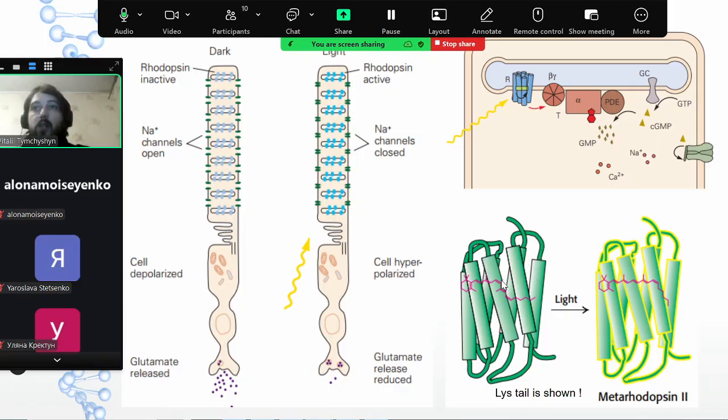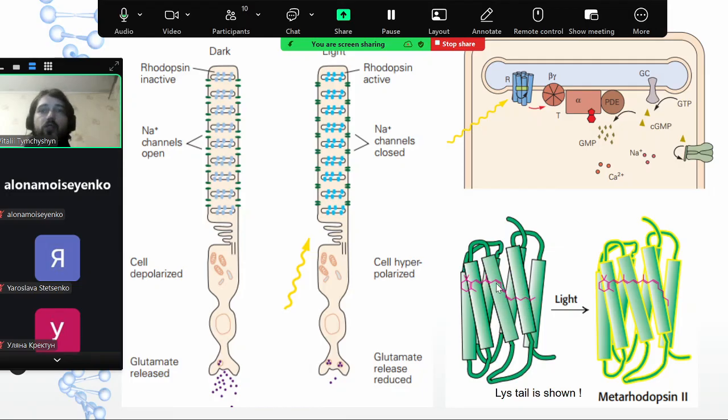When the light comes, it changes its conformation, basically rotates around the double bond, using energy from the light. And that changes the conformation of the protein. So here you see the meta-rhodopsin II. This molecule is covalently connected to the protein. It's connected to the lysine tail, and this is a Schiff base.